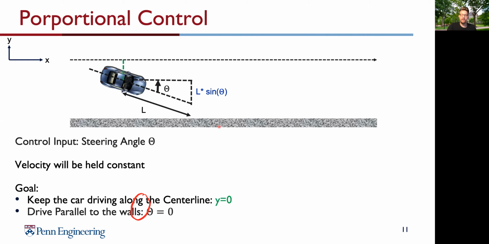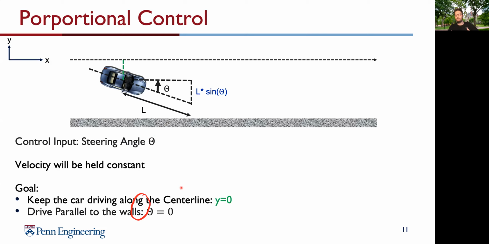So again, we have our control input, which is the steering angle, and this is the output. The control input is our steering angle, and this is where we achieve the final movement of the car.